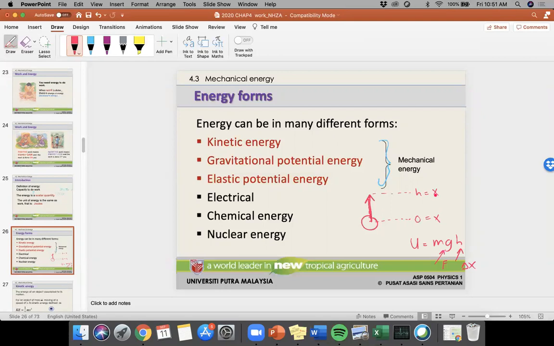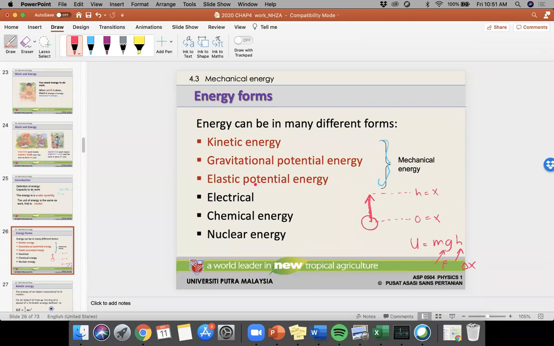So with increasing height, your U changes, your gravitational potential energy changes. So when you are moving the ball, there is movement involved, your gravitational potential energy changes. It can decrease or increase. So that is why it's called mechanical. You have to have some kind of movement for the energy to transform or increase or decrease.